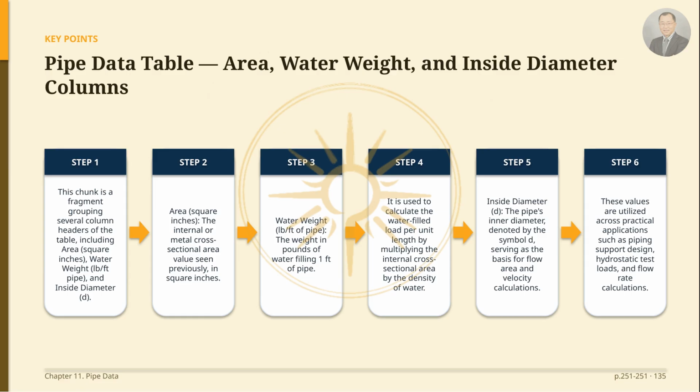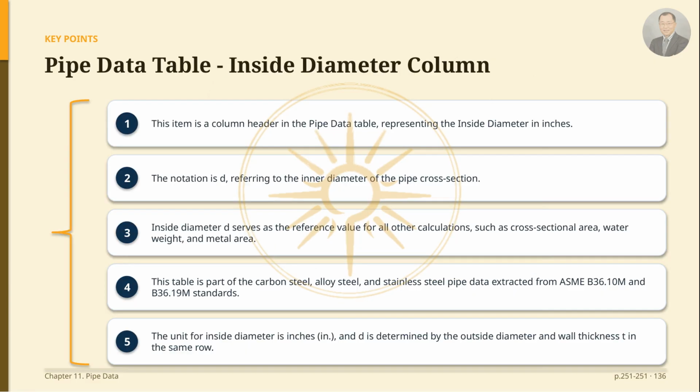This value is obtained by multiplying the internal cross-sectional area by the density of water and is used to calculate the water-filled load per unit length. Lastly, the inside diameter, denoted by the symbol d, serves as the basis for calculating the flow cross-section and velocity. These 3 values are widely used in practical applications such as piping support design, load calculations during hydrostatic testing, and flow rate calculations.